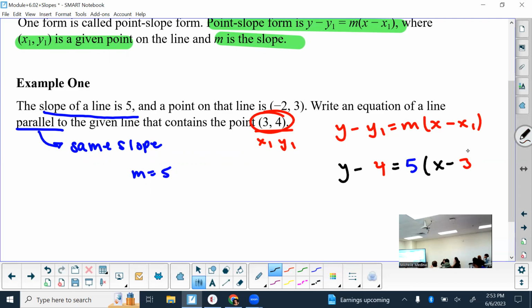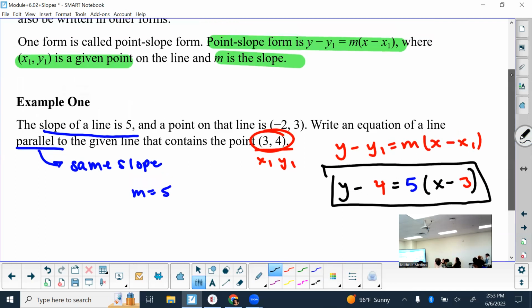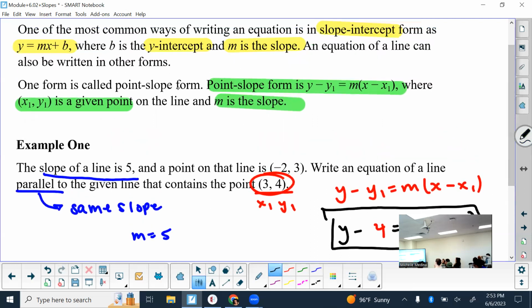Now, if it just wants an equation, like doesn't really specify whether it's point slope form or slope intercept form, then we could end it there. But I do think on at least one of your quizzes, it wants it in slope intercept form, so let's do that. In slope intercept form, y equals mx plus b, what is alone?